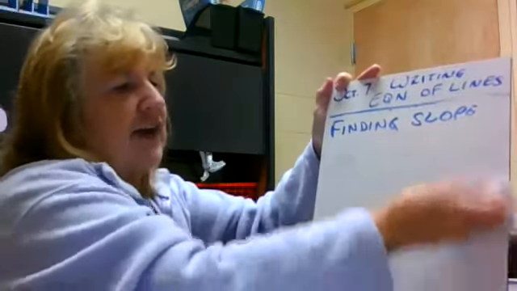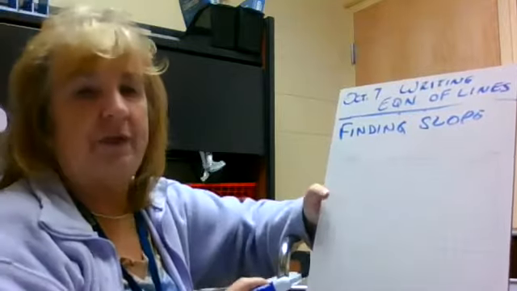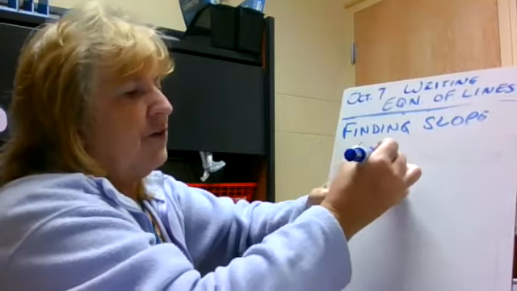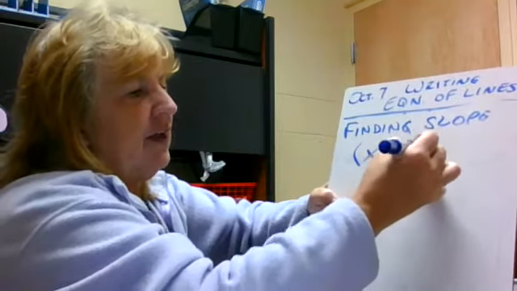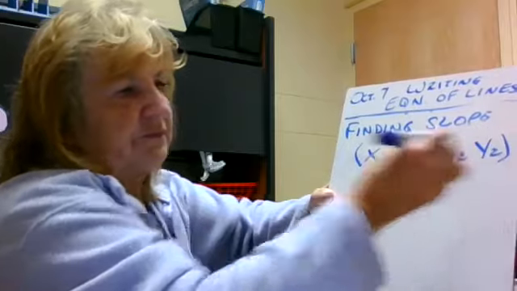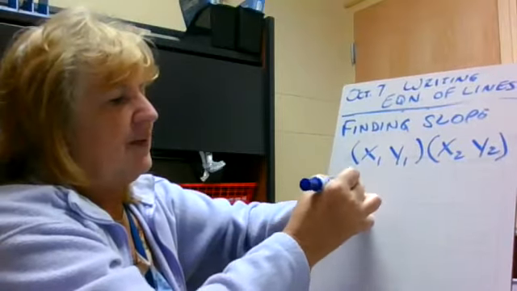Now, the other way that you will be given problems will be in ordered pair form. We'll call our ordered pairs x1, y1, x2, y2. Slope is still m.